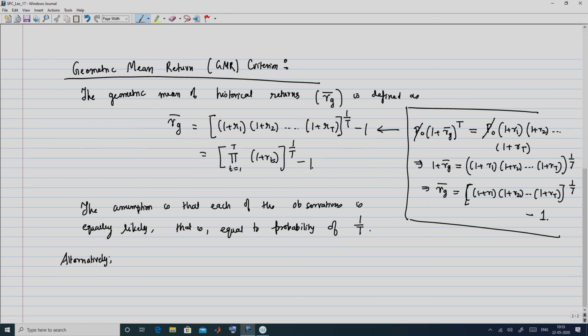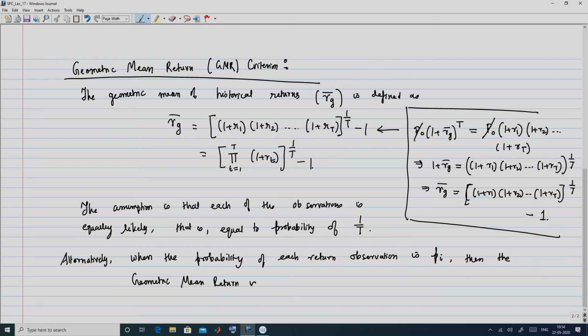Alternatively, when the probabilities of each return observation are not equal, but rather are denoted by Pj, then the geometric mean return is given by RG bar is equal to, so I will take a cue from this form, product of j equal to 1 to S of 1 plus Rj raised to Pj, minus 1.